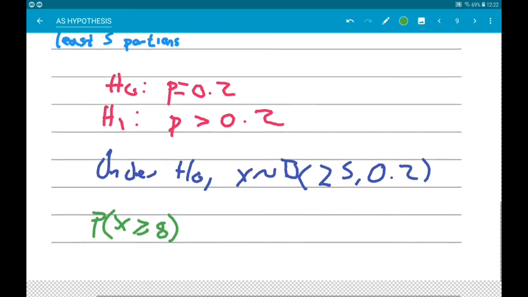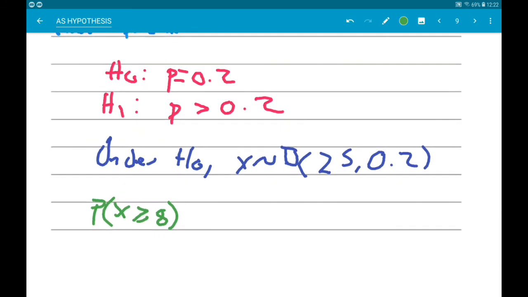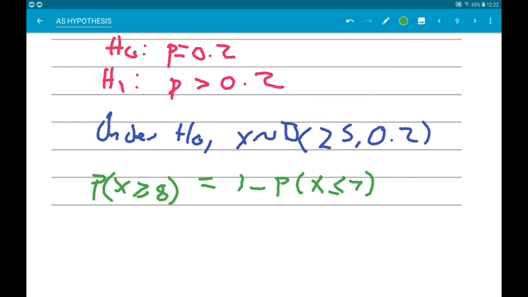So, to work out this probability, we need to do 1 minus the probability X is less than or equal to 7. So, use your calculator, you want binomial CD, probability X is less than or equal to 7, should be 0.891.